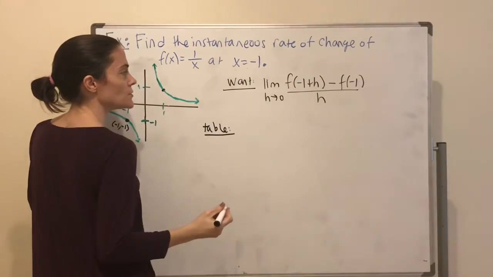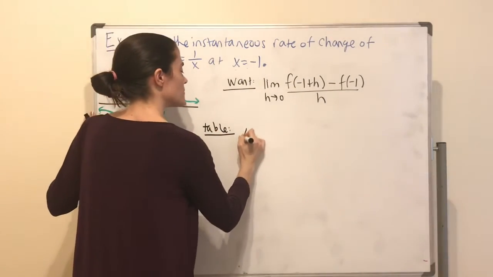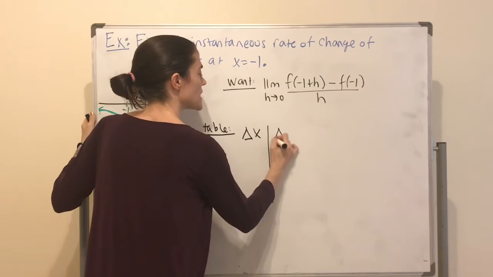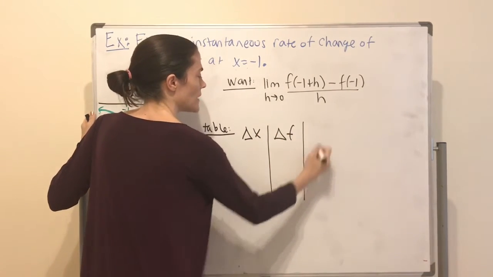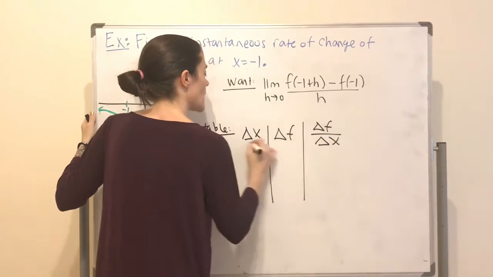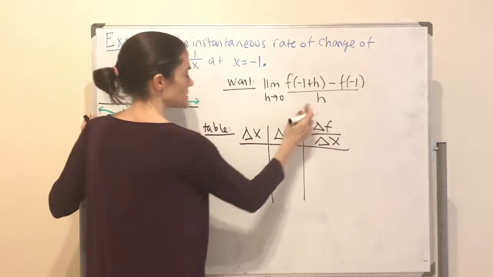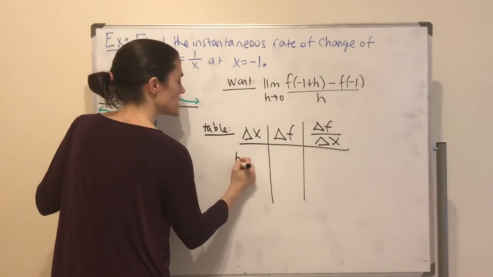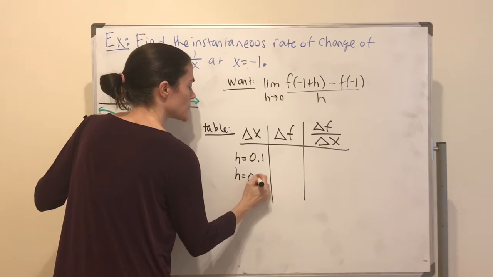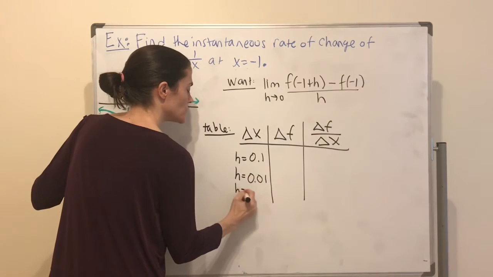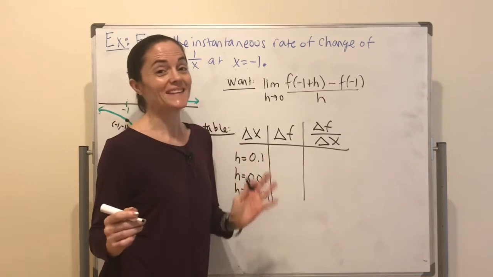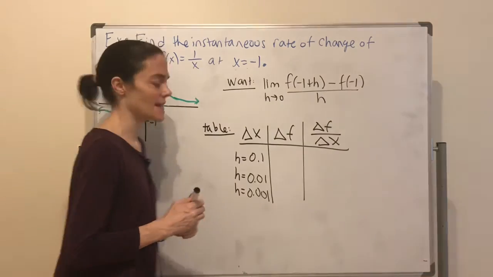What I'm going to do is I'm going to have the change in x, the change in f, and then I'll take the quotient. And the change in x, this is just h, right? So let's do h equals 0.1. Let's do h equals 0.01, and we will do like this. And this will be enough in this example to get the idea.